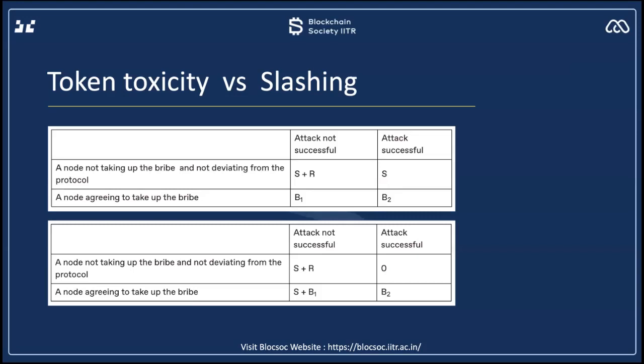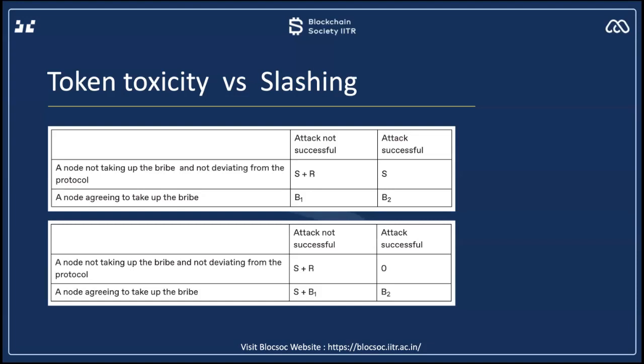So in that case, you have basically S plus R assets. In case the attack is successful, then you do not get a reward, because then a malicious transaction has happened and you are not part of that. So you don't get a reward. So you're still left with basically S', right?